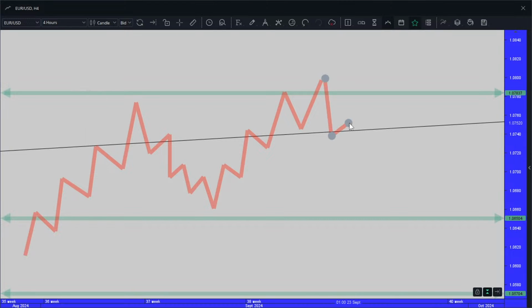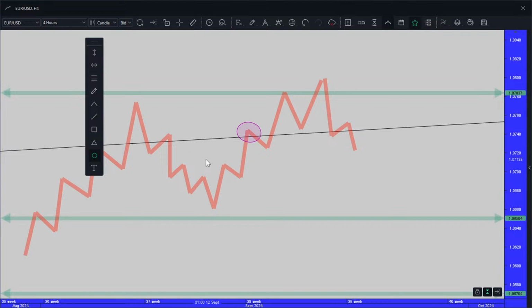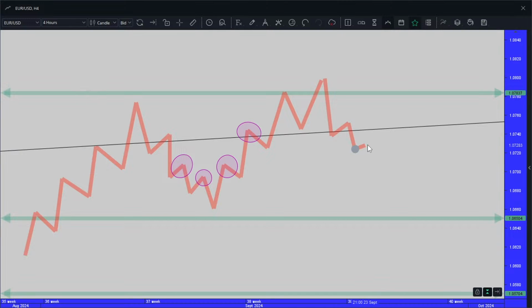And now that the market starts doing this, I'm going to be reluctant because I'm going to be scared, because I'm going to see past support, past support, and I'm going to stay out. I'm not going to enter the market. Every single time that the market is going to push down, I'm going to be scared, makes sense? And I'm not going to enter the market.